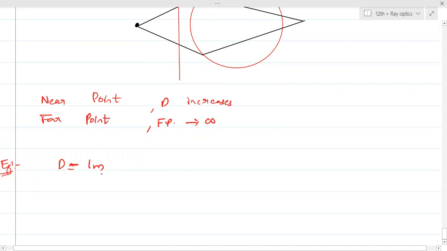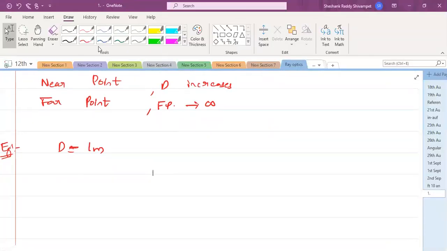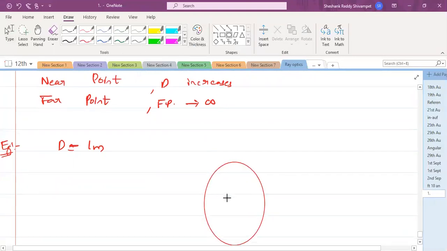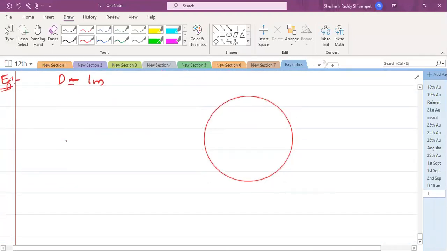So here an object placed at 1 meter will not be visible to us. Right? Sorry, will be just visible. 1 meter means the boundary case.